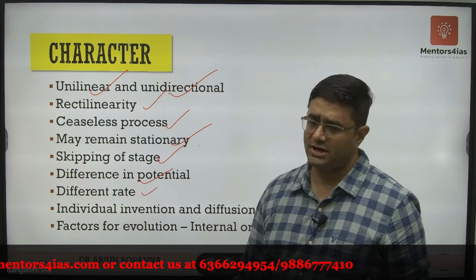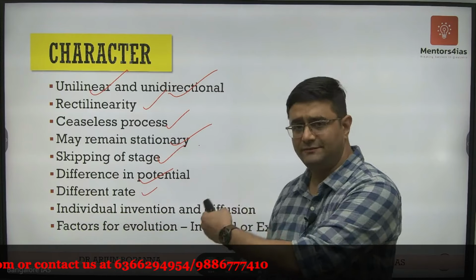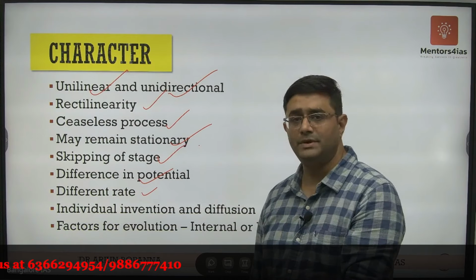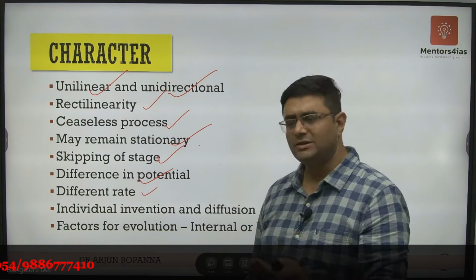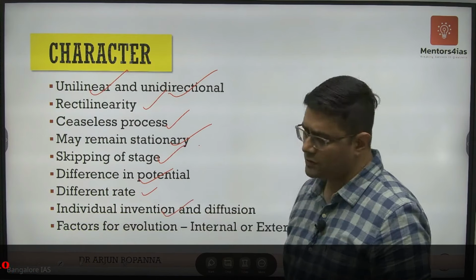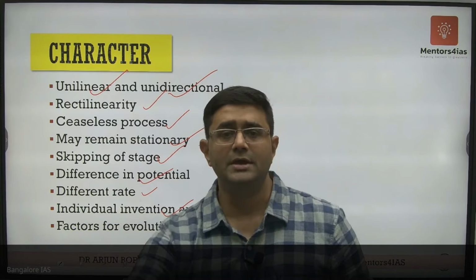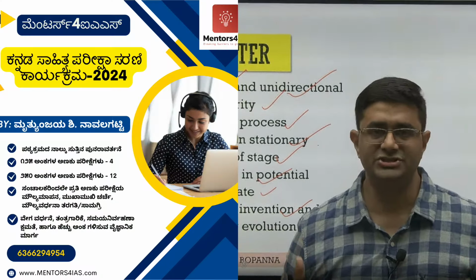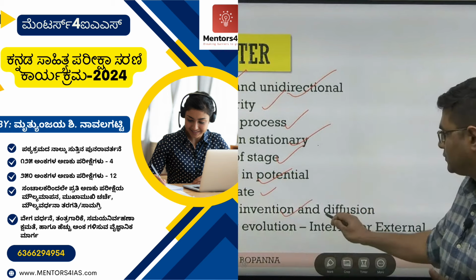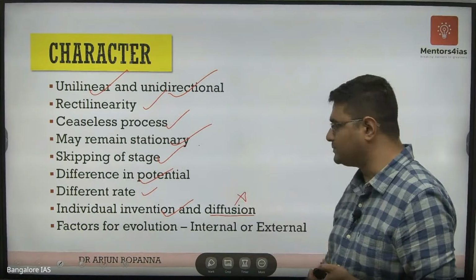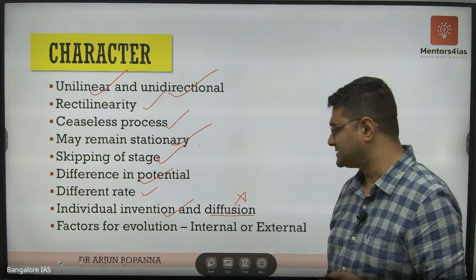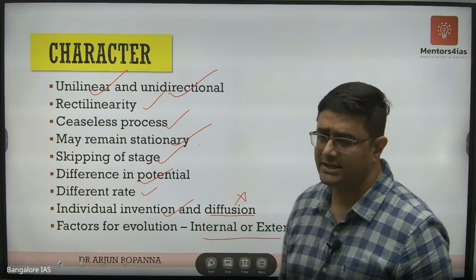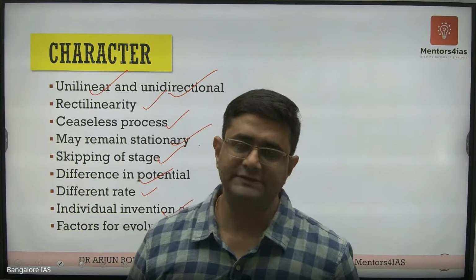That means faster at a later point of time, slow in the beginning. Also, individual invention and diffusion play an important role in the pace of change. So they do talk about diffusion, but they don't give importance to it, for which it is criticized. And there are various internal and external factors that affect evolution.